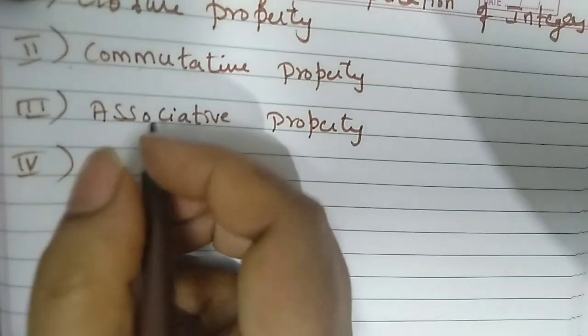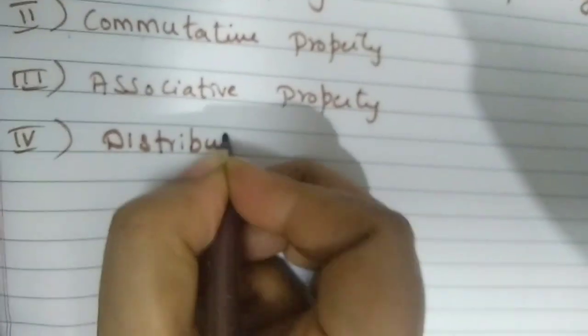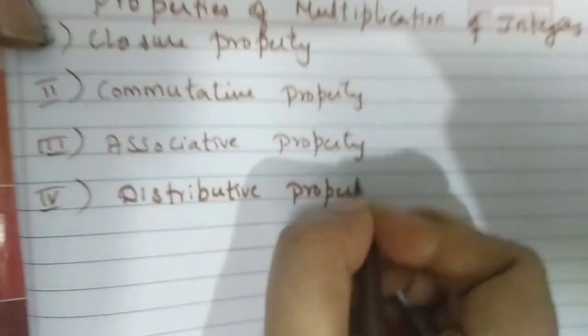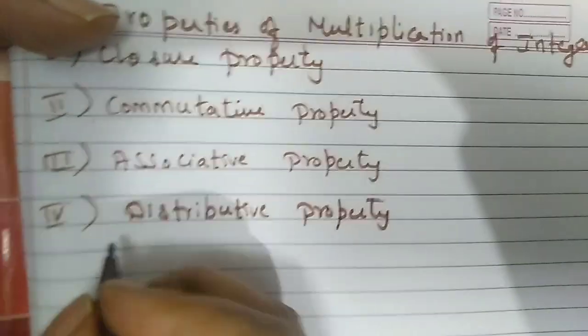Then we have the distributive property. Then we have the existence of multiplicative identity.